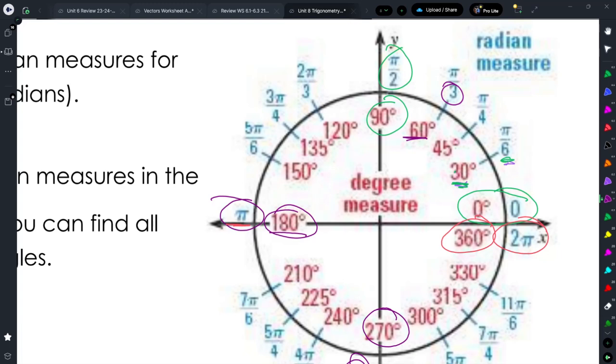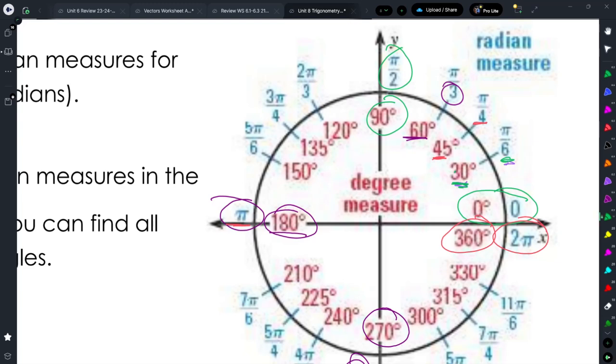So that works for the first quadrant, but as you see over here, that relationship isn't necessarily there. We're going to talk more about ways you can remember these degree and radian measures, but for now we're just going to introduce this. And then we have 45 degrees is pi over 4. And then that's our first quadrant.